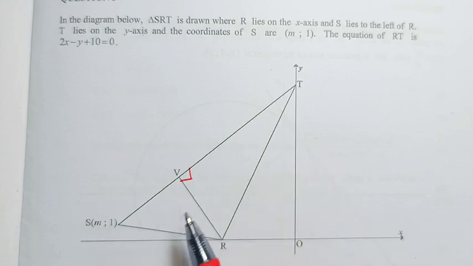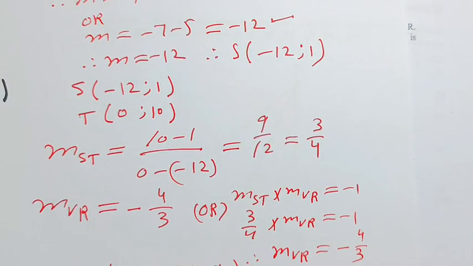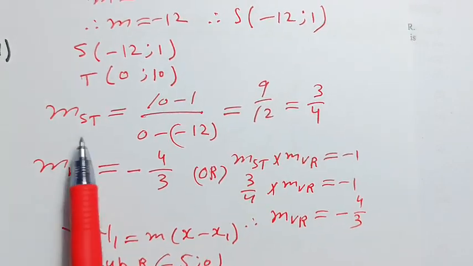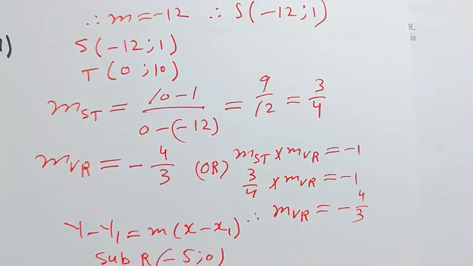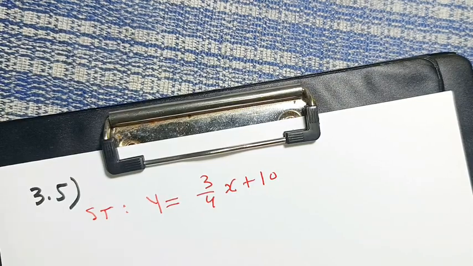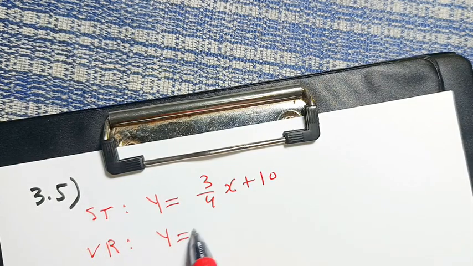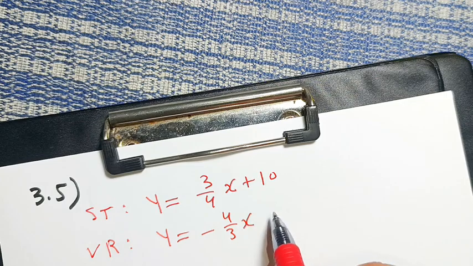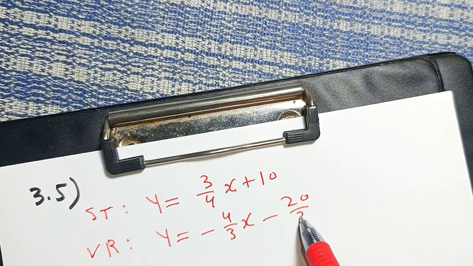So then I can substitute into the equation to determine the equation of st. Remember, the gradient of st is 3 over 4 and the y-intercept is 10, so 3 over 4 x plus 10. Now this is the equation of st, and the equation of vr we earlier found is y equals negative 4 over 3 x minus 20 over 3.